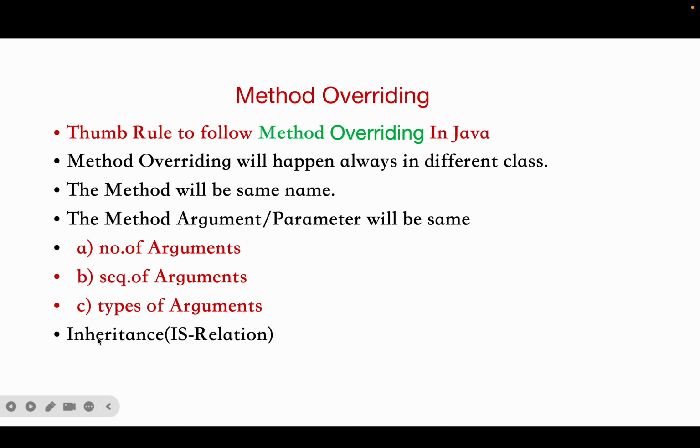Then the last, you need to follow the inheritance concept. If you follow all these 4 thumb rules, you are able to perform the method overriding concept in your application. I hope you understood.